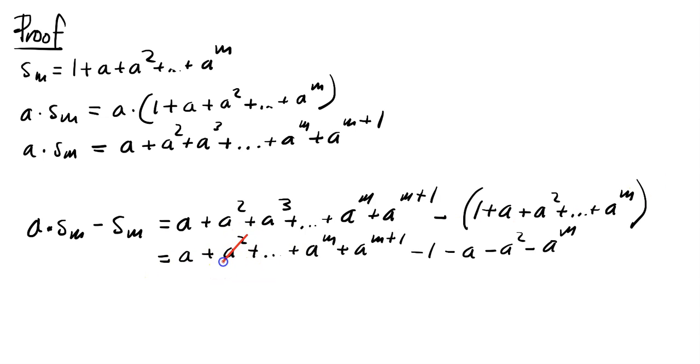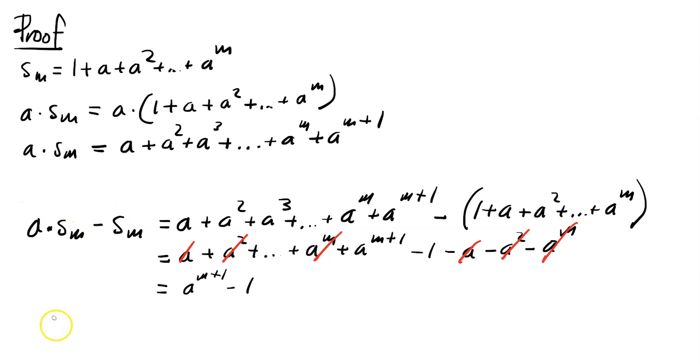So we see, for example, this will cancel to that. This will cancel to that. This will cancel to that. And what is remaining? The only thing that will remain here now is this part, so a to the m plus 1 minus 1. Okay, so we have arrived at this being equal to this.